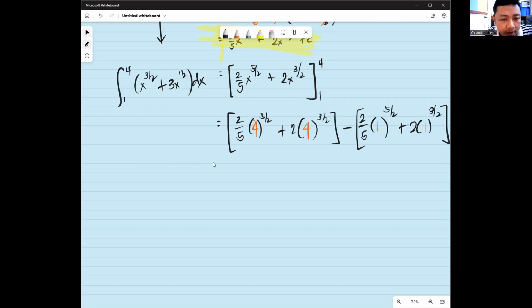Let's now solve this. But if you just notice, if you press this in the calculator, kindly press this in the calculator, 4 raised to 5 over 2. Let me share this with you so that everybody can see it.